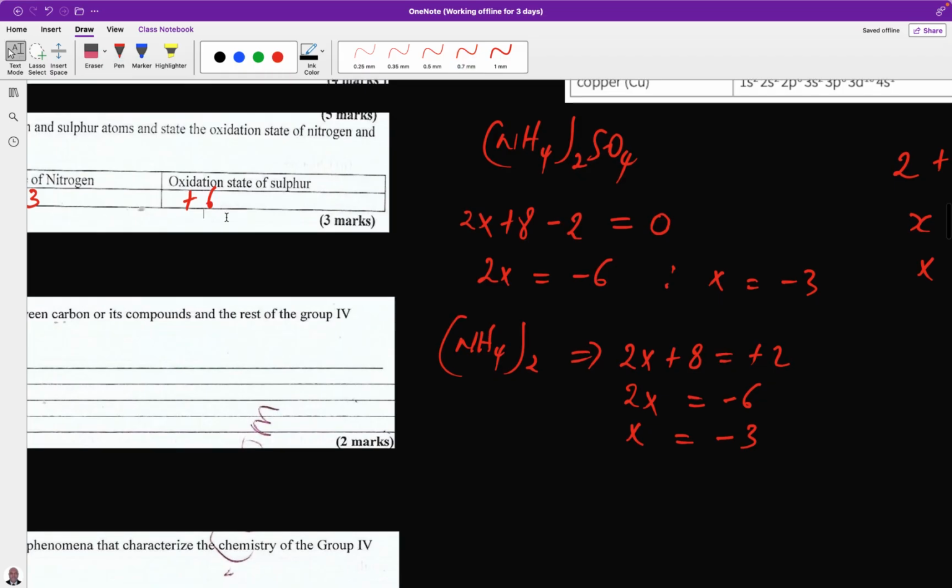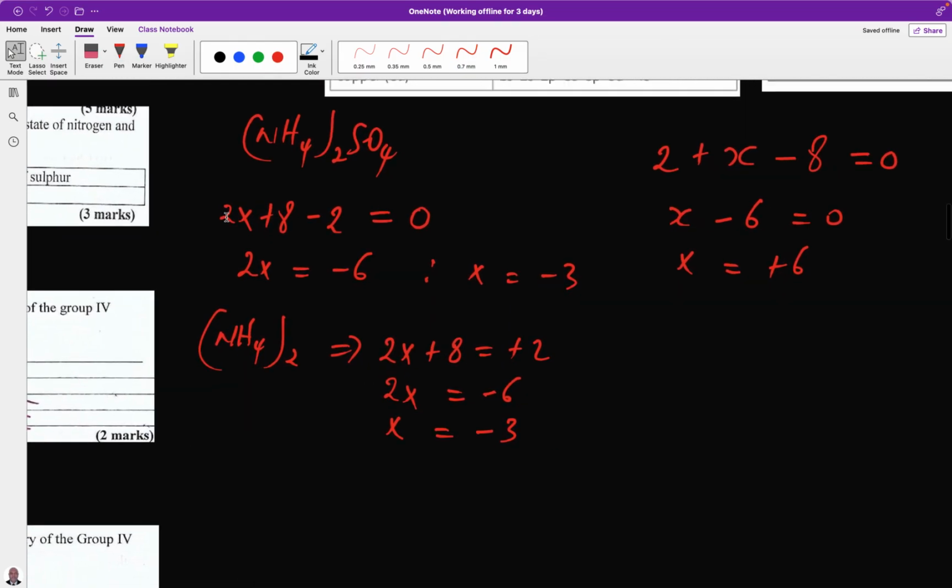Another way to calculate sulfur, like we said, is in the sulfate. If we are calculating sulfur in sulfate, we must assume the oxidation state for sulfate. Therefore, sulfur is x.